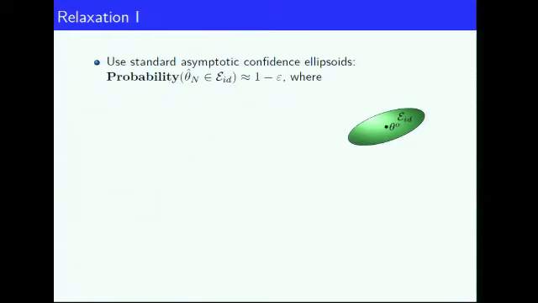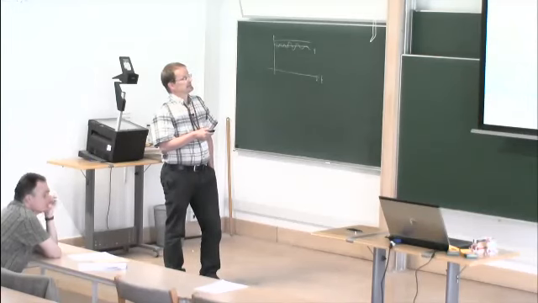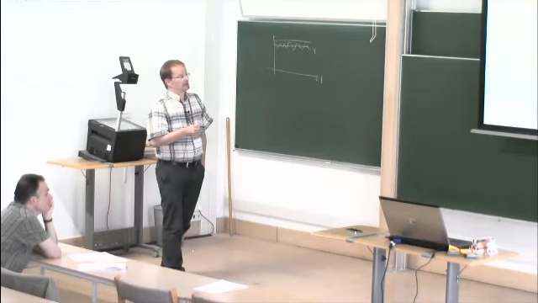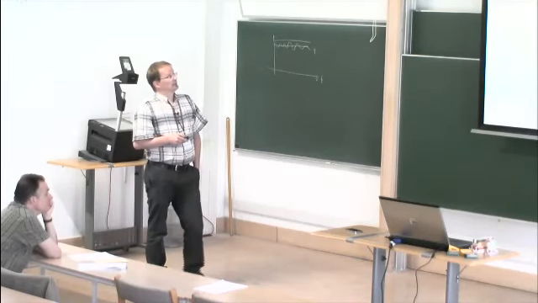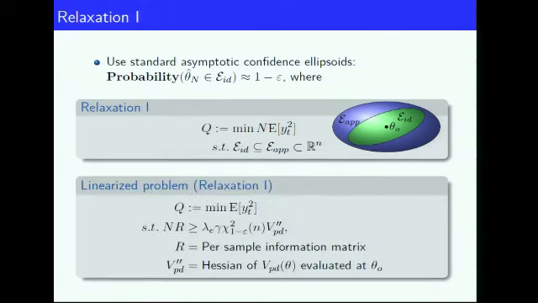Then if we make the design such that this confidence ellipsoid is inside the set of acceptable models, clearly our objective will be achieved with at least this probability, even more actually, because they are not exactly the same. So the first relaxation is that we minimize the output energy subject to that the confidence ellipsoid, the standard one, is contained in the set of acceptable models.